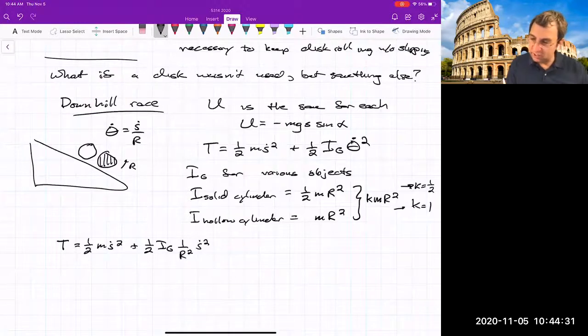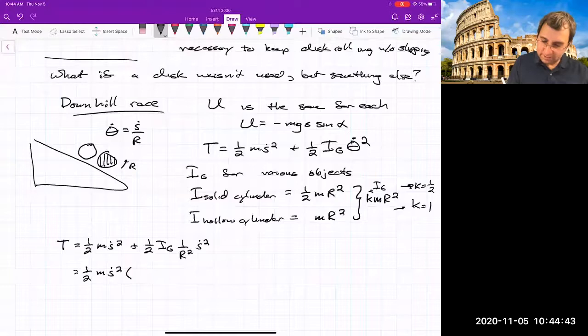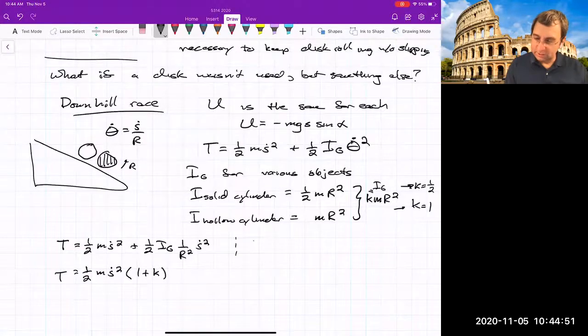Now put in IG equals kmr squared, so this becomes 1/2 m s dot squared times (1 plus k). Now using L equals T minus U, we get from Lagrange's equations that s double dot equals 1 over (1 plus k) times g sine alpha.